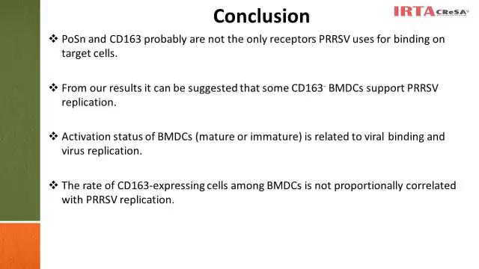Third, the activation status of bone marrow-derived dendritic cells is related to viral binding and virus replication. Fourth, the rate of CD163 expressing cells among bone marrow-derived dendritic cells is not proportionally correlated with virus replication.